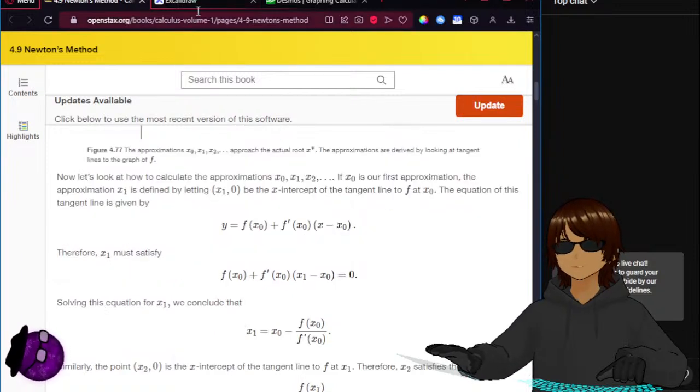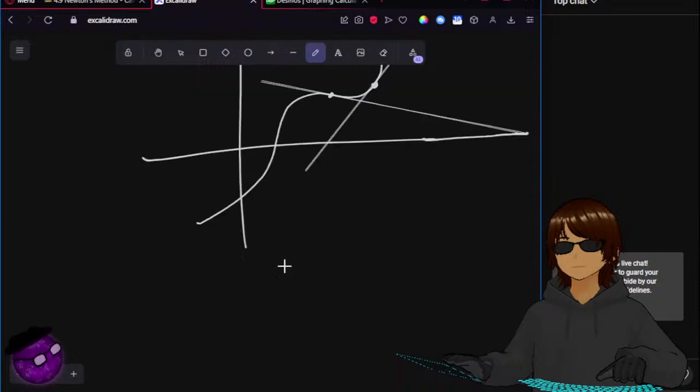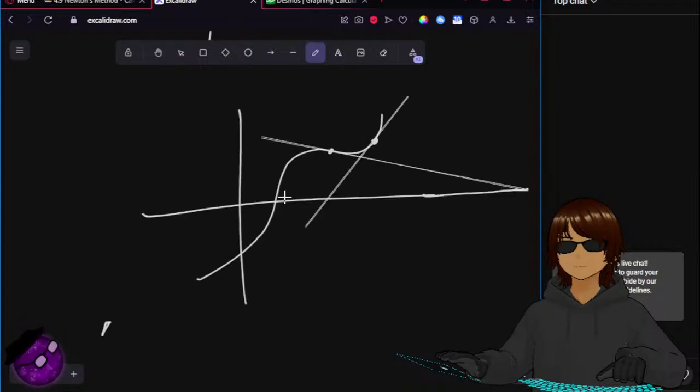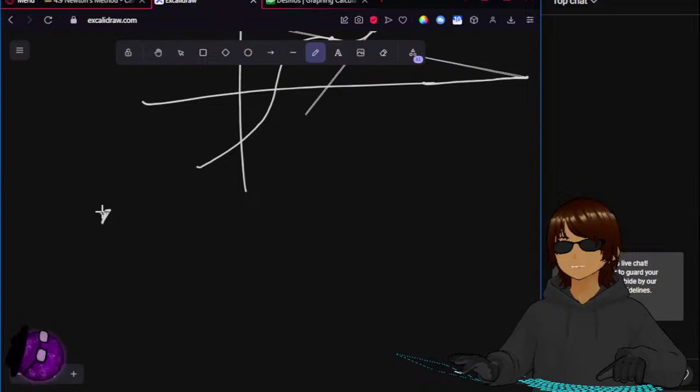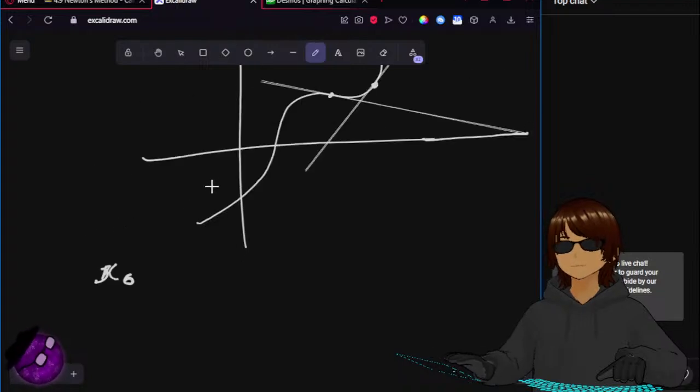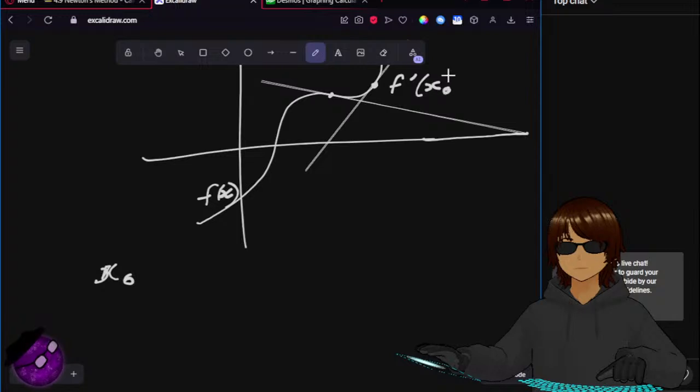The way we do this is first we choose the first point. So our first point basically is x0. This is our first one. So you want the gradient at x0, let's say this is f of x. You want the gradient at 0.